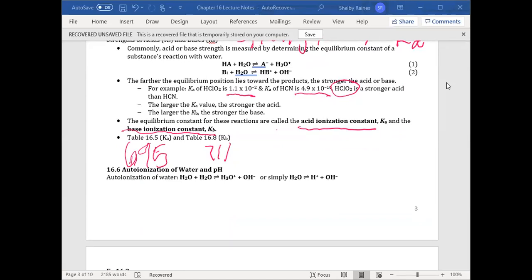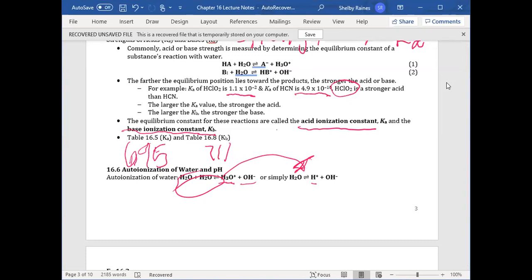We have two molecules of water. One's going to act as an acid, one's going to act as a base. So in other words, we're going to form the hydronium ion and the hydroxide ion. Of course, since these two are the same, we could simplify this equation to this. Remember, hydronium and the H+ ion we'll use interchangeably.